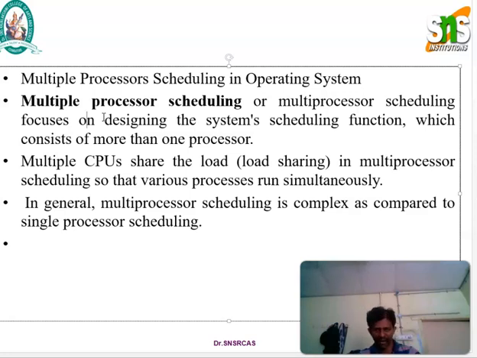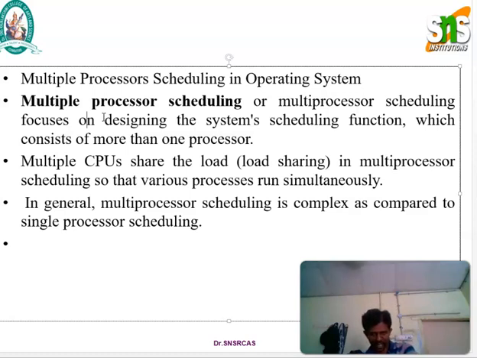By using the load sharing concept, various processes can run simultaneously, and a number of processes can be handled or managed or performed at a time.